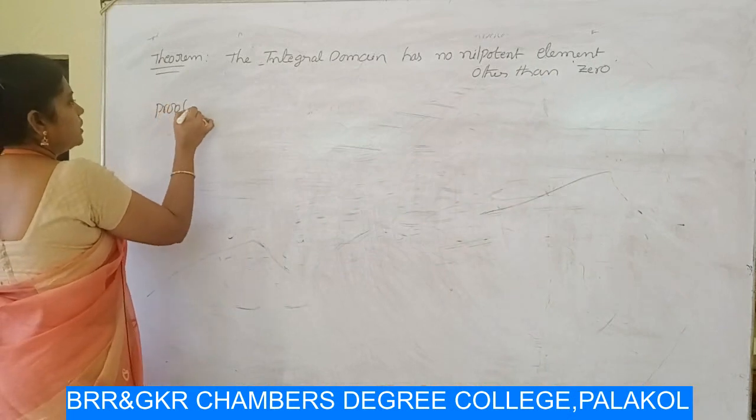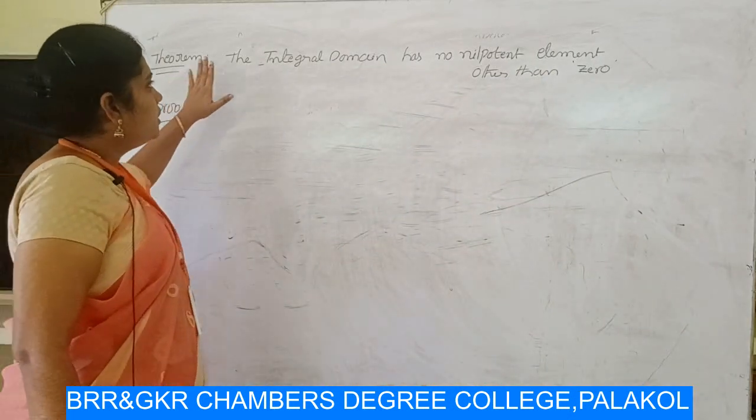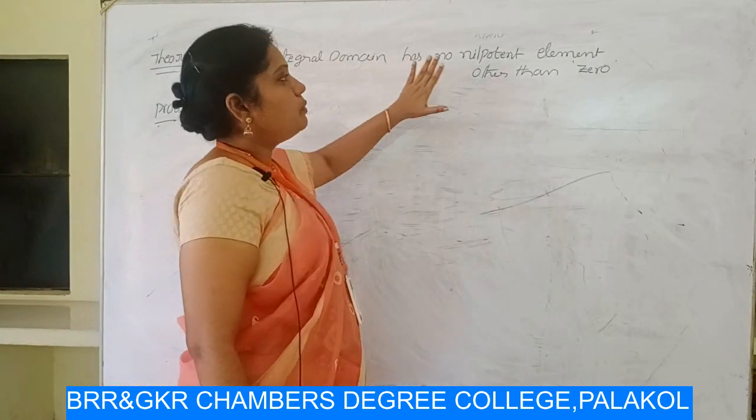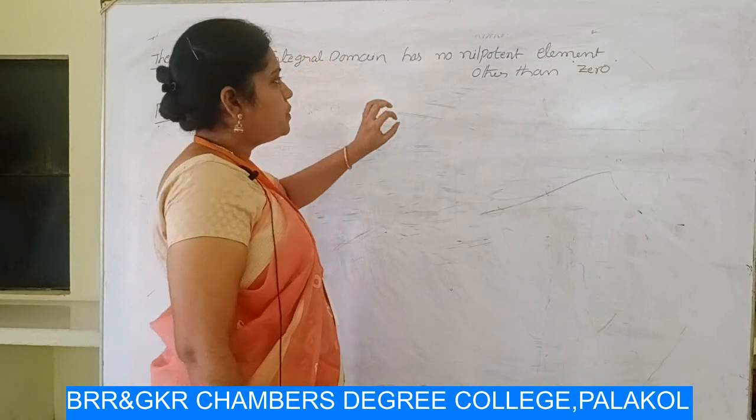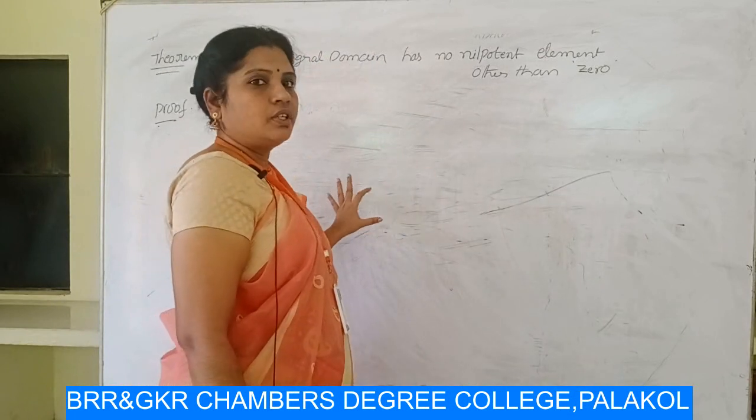Proof. The statement is that the integral domain has no nilpotent element other than 0. That means the only nilpotent element of the integral domain is 0.